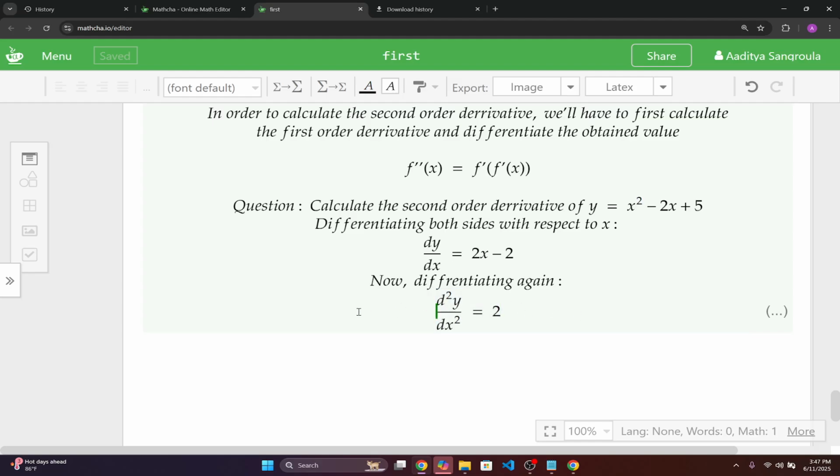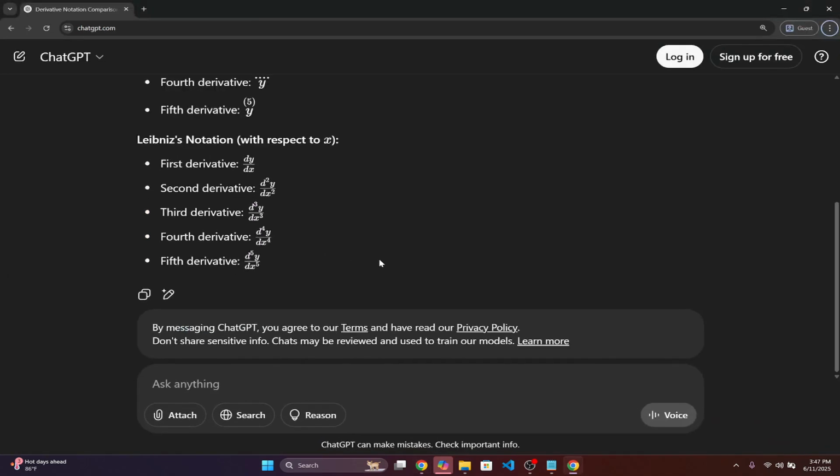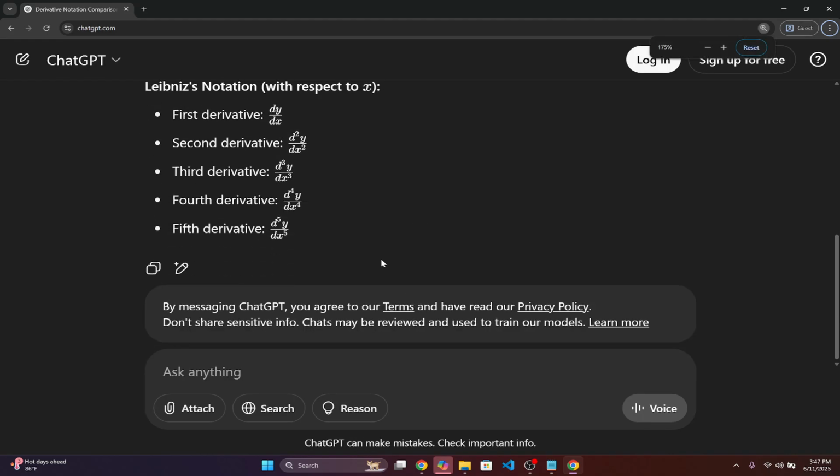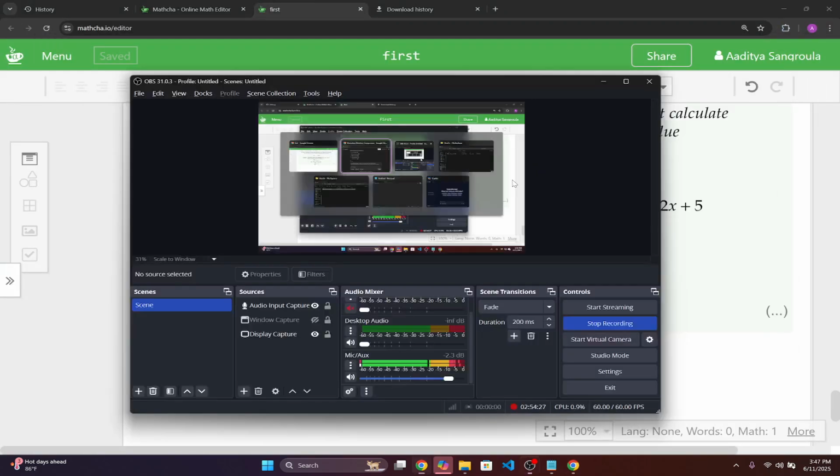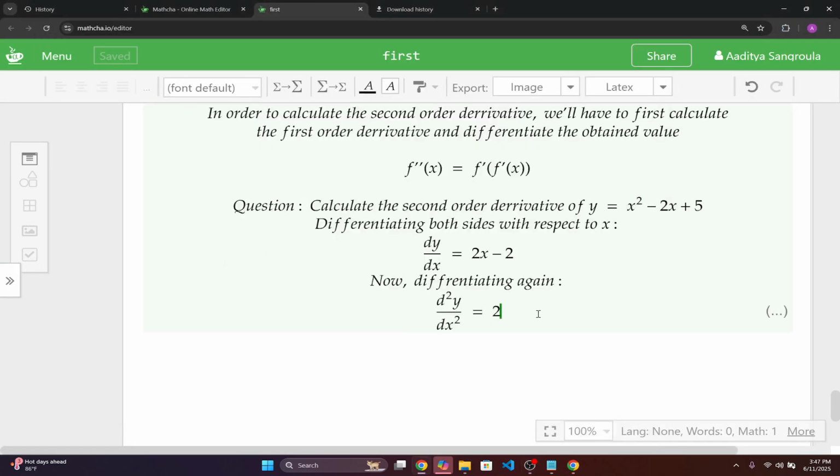So the upper d and the lower x are going to have the power equal to the order of derivative if calculating any order of derivative, whatever. My tongue is slipping now. So yeah, in this way, I calculate the second order derivative of y equals this.